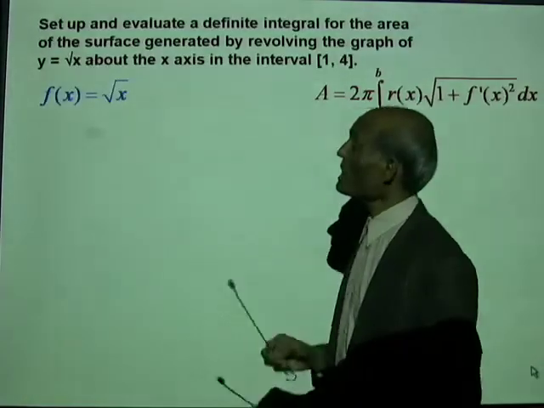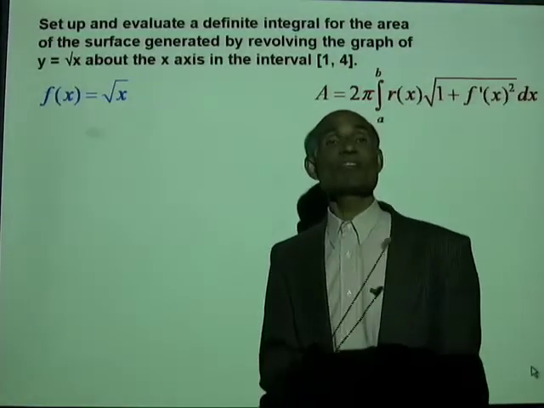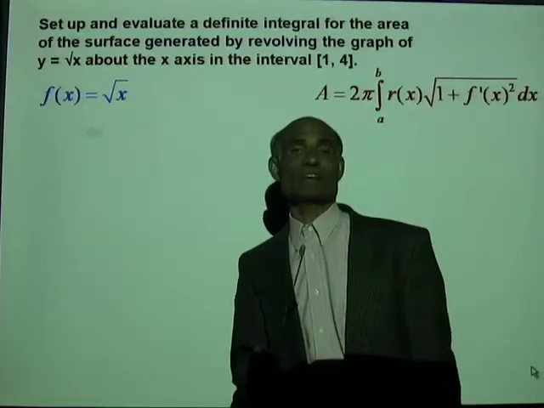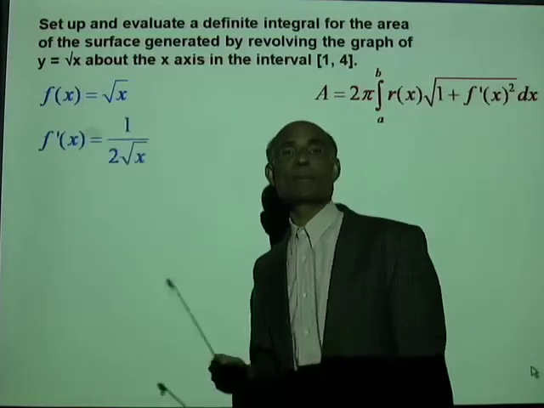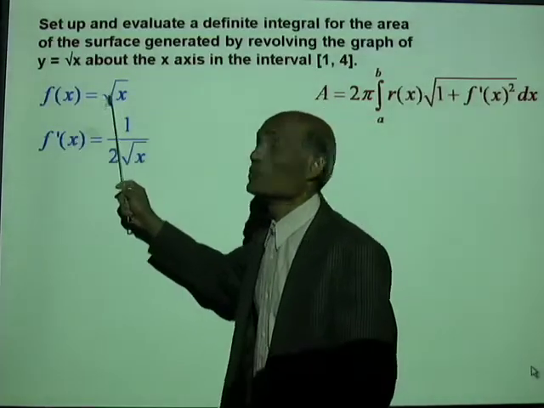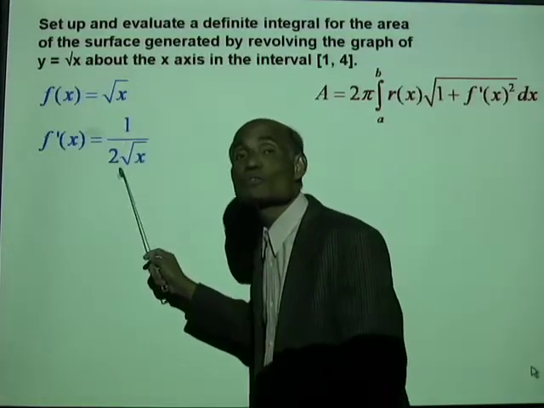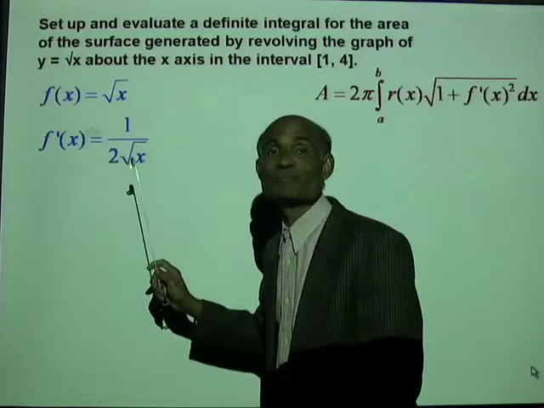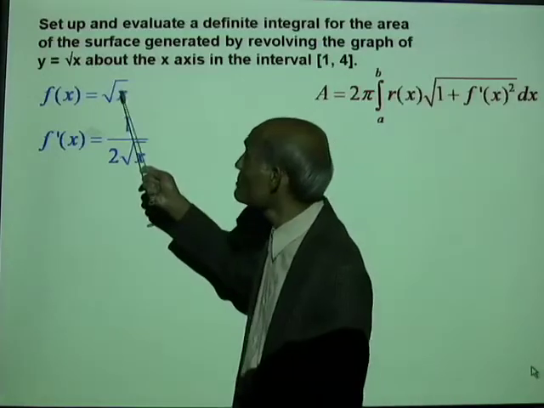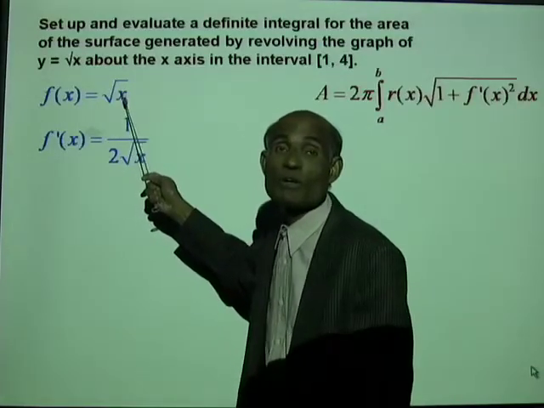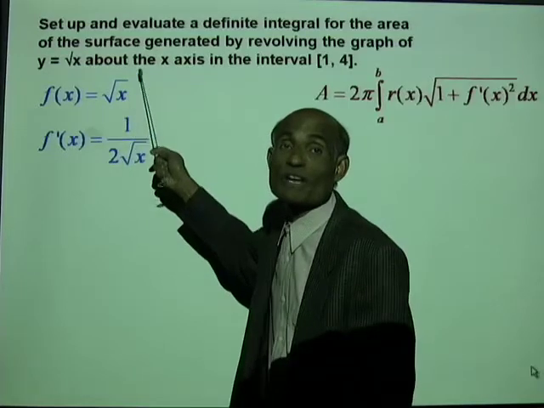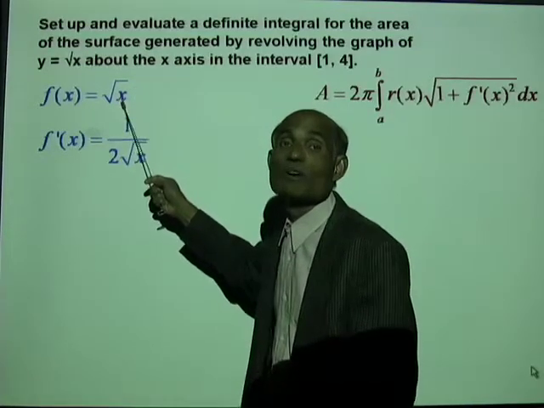Alright, where do we start? We start with f of x equals square root of x. What is the derivative of that? F prime x, the derivative of square root of x, is 1 over 2 square root of x. But you can also do it using the power rule: square root of x means x to the power 1/2.